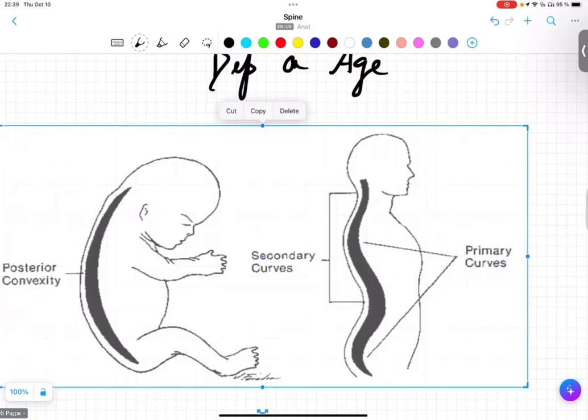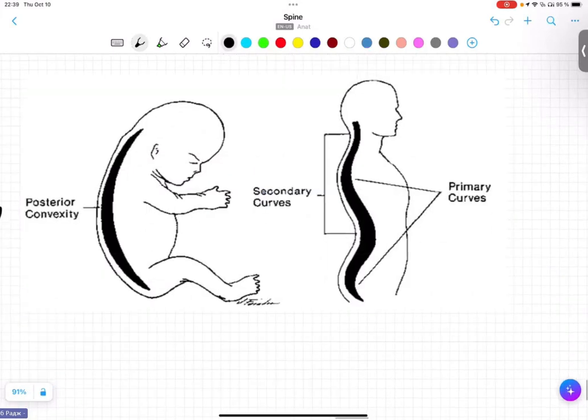Now see, when you are born as a child, you have a single curvature here. But when you are an adult, you have this many curvatures. Do you know the reason why?